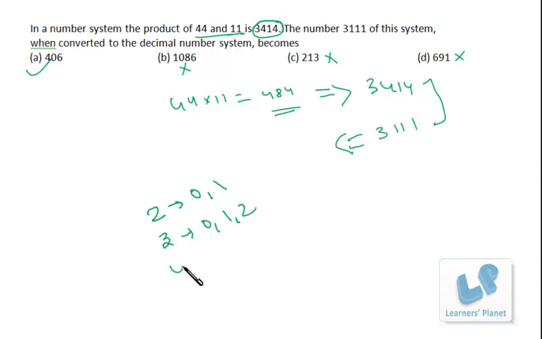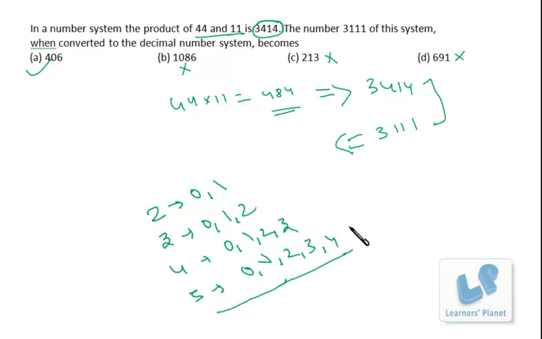If it is 4 system, then 0, 1, 2 and 3 are used. If it is 5 system, 0, 1, 2, 3 and 4 are used. Here we see the biggest digit is 4. So definitely the number system used over here is more than 4. It may be 5, 6, 7 or any other number.